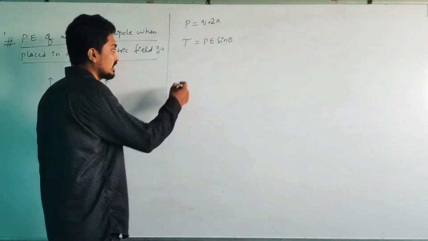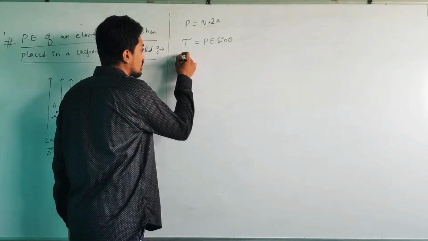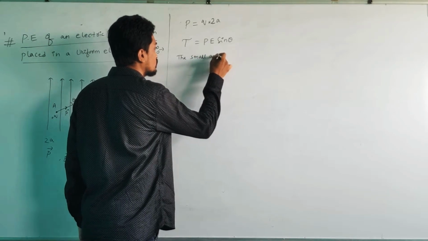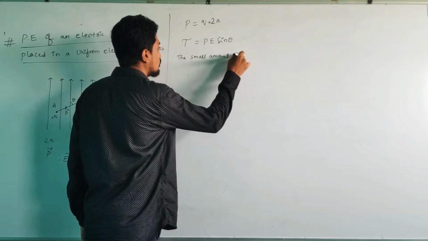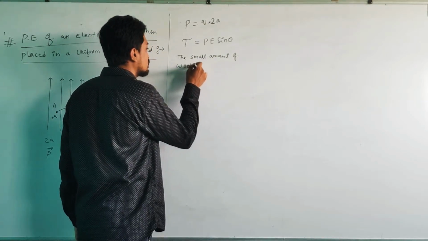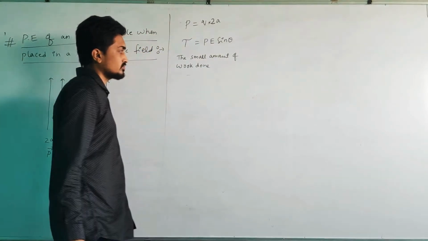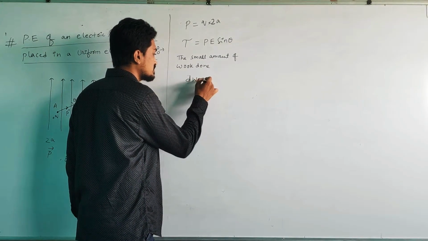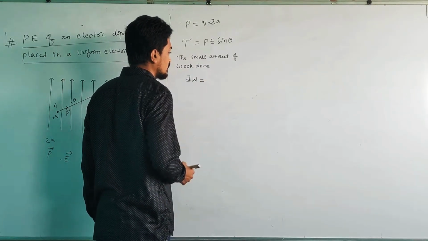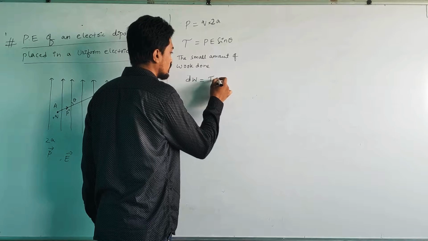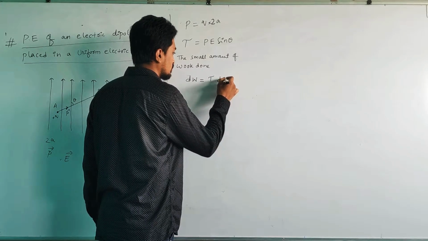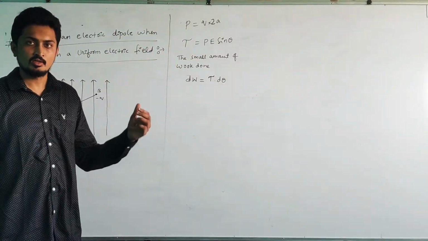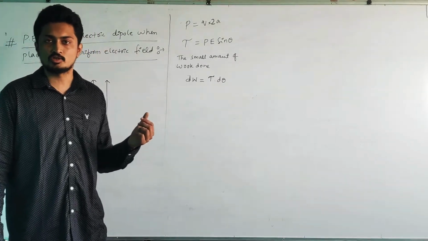We also know that the small amount of work done, dW, is equal to tau into d theta. In mechanics, work done is equal to force into displacement.